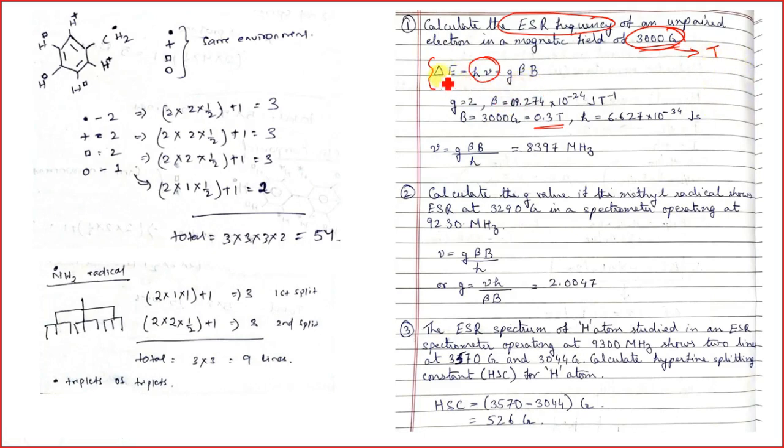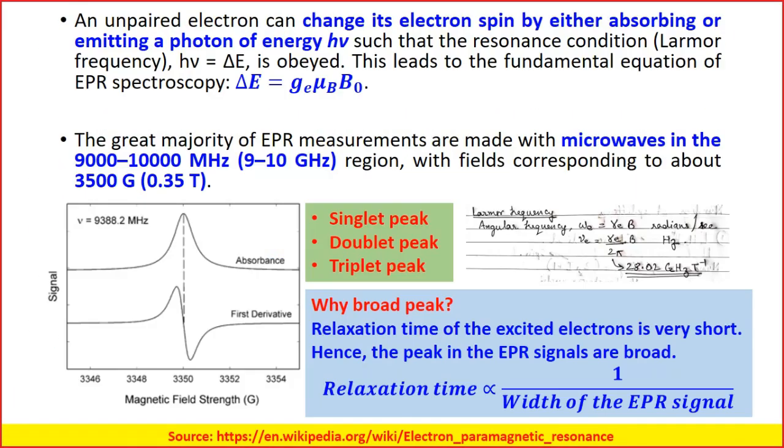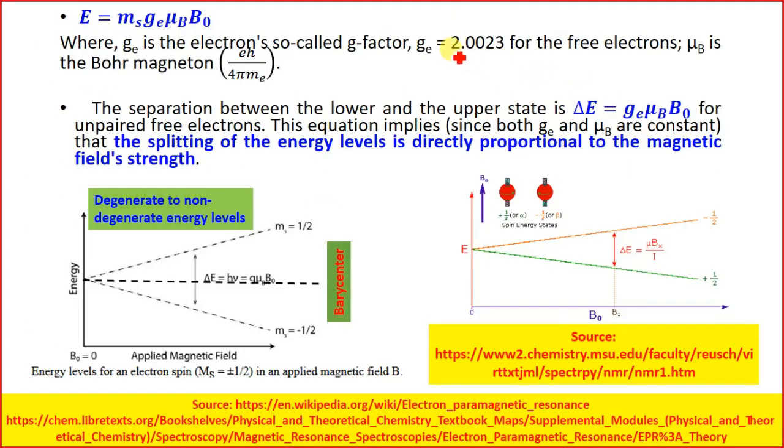So delta E equals h mu, which is equal to G beta B, where G is the Landau factor, beta is the Bohr magneton, and B is the magnetic field. So G, we will take it as 2. If you see, we have discussed G over here, 2.0023 in this case.